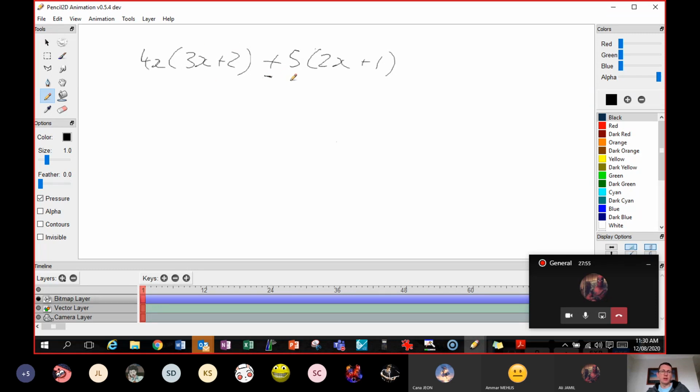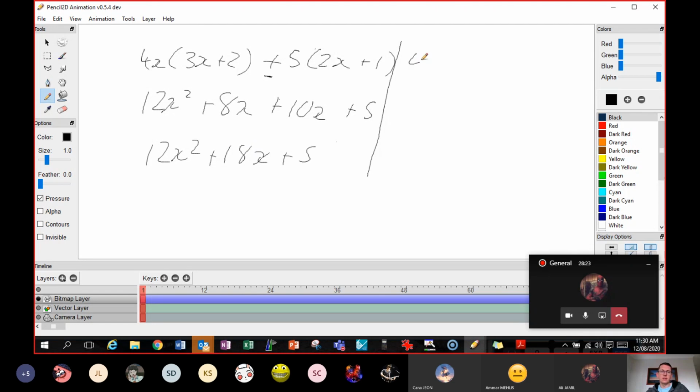So you're going to distribute this one and then this one separately. So that's going to give you 12x squared plus 8x. That's going to be positive 5 times 2x plus 10x, positive 5 times 1 plus 5. Now I can collect my like terms. These two are like: 12x squared plus 18x plus 5.